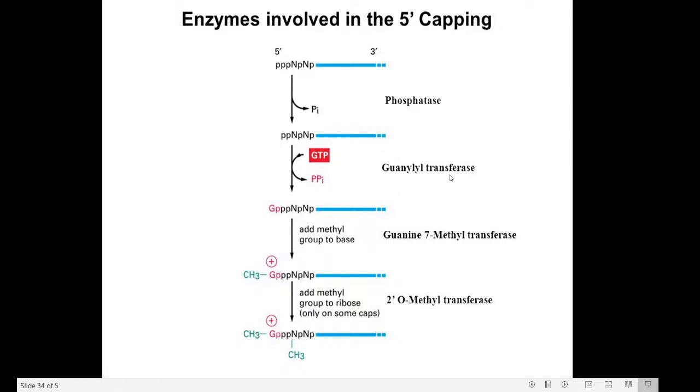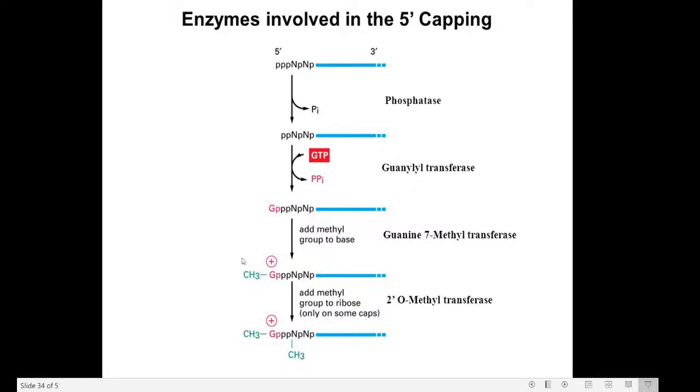After the addition of guanylyl transferase, the G is added. Here you can see the GPP, NP and NP. Then there is addition of a methyl group to the bases. That methyl group is added by guanine 7 methyl transferase. This guanine 7 methyl transferase acts at the 5 prime end.